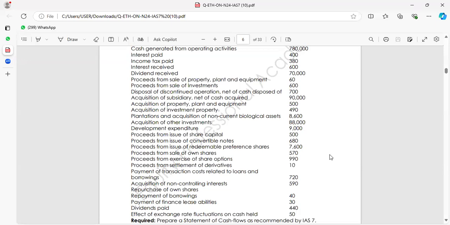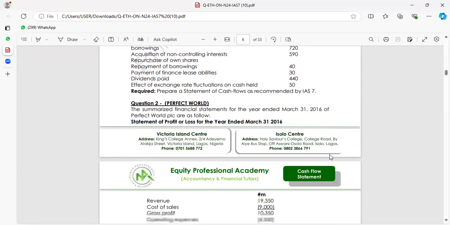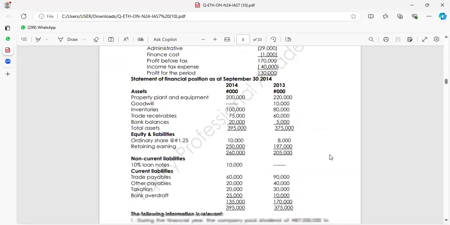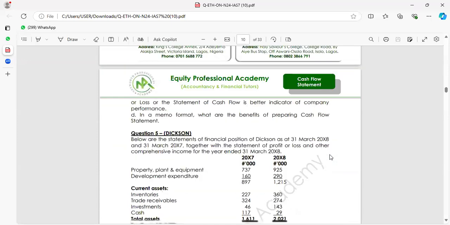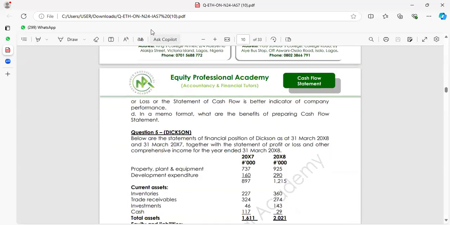The way you have identified everything is the way, when they give you a question, you also identify it. Okay, somebody has asked a question. Repurchase of own shares, that is the treasury shares. Which activity is that?